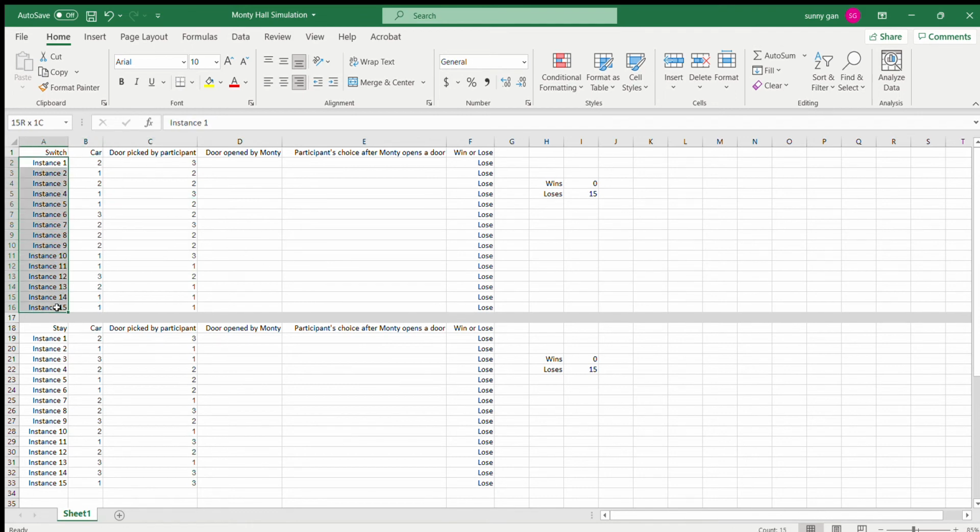So 15 instances, this is the switch category and this is the stay category. I'll copy and paste values so that the numbers don't change.